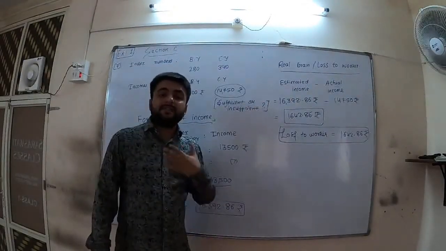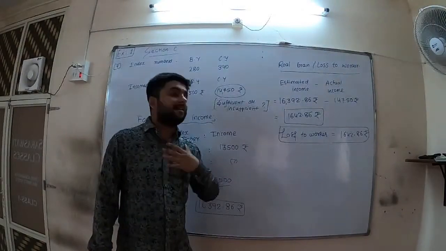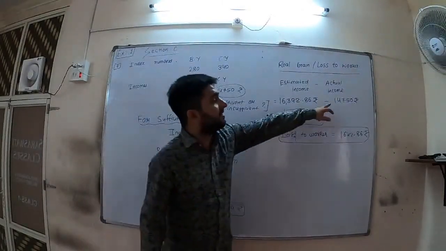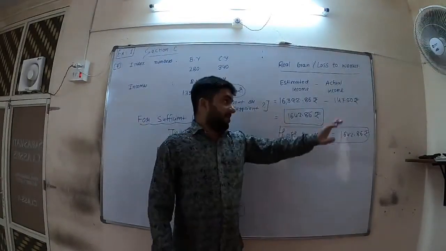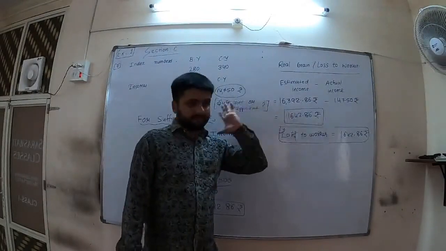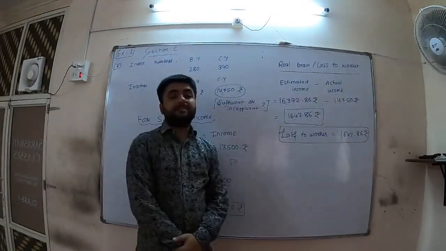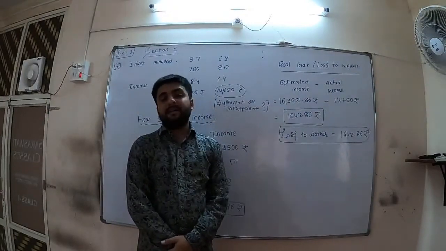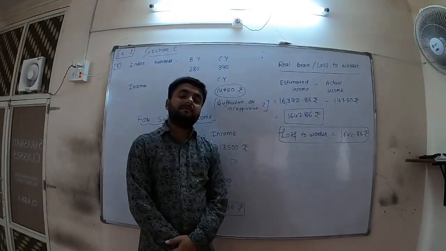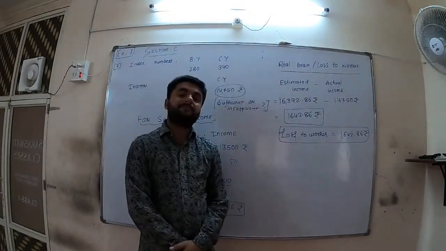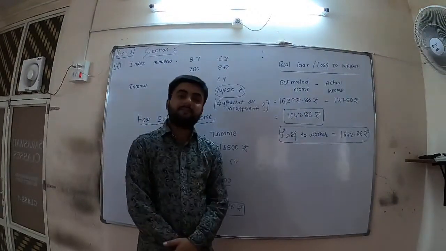Estimated income is this, means we are expecting that this year I will earn 16,392. But actually, how much are you earning? You are earning less money, 14,750. So, what is your loss? 1642.86. This is in real practice also. Many times we estimate that till this Diwali we will have a good income and expect this much rupees.